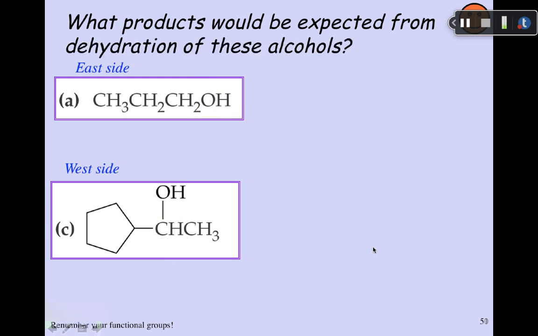Another reaction example. If we were to take those same 2 compounds and dehydrate them, think carefully how that works. In other words, we're going to use the sulfuric acid catalyst. I'm not going to write it in for the moment, but you know it requires a catalyst. We call that dehydration. And what are we going to lose? We're going to lose water. Well, water has to be lost in 2 components.